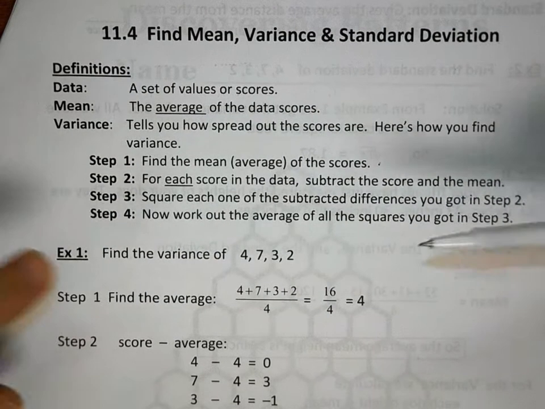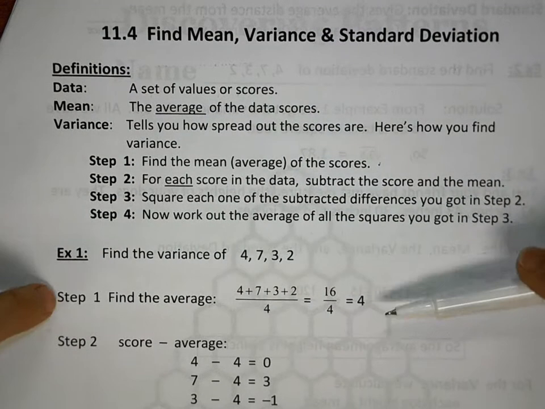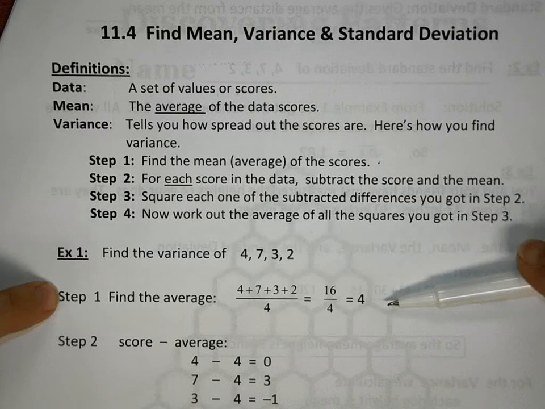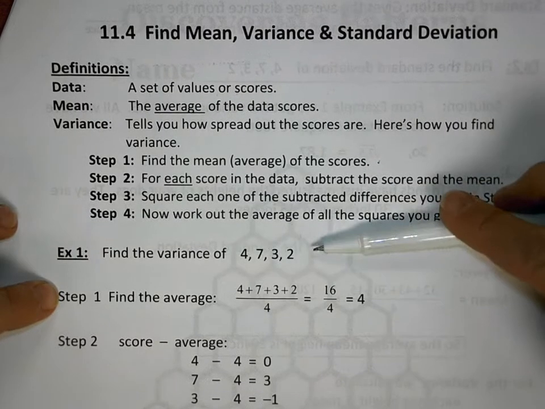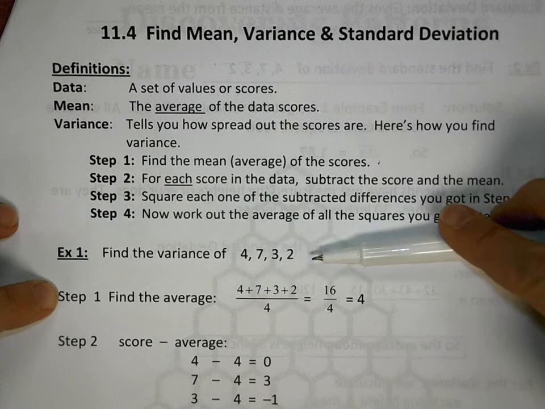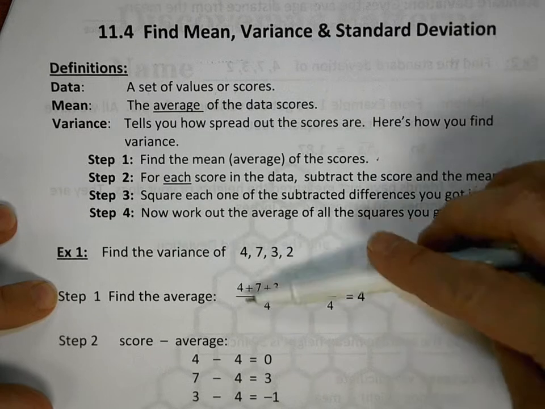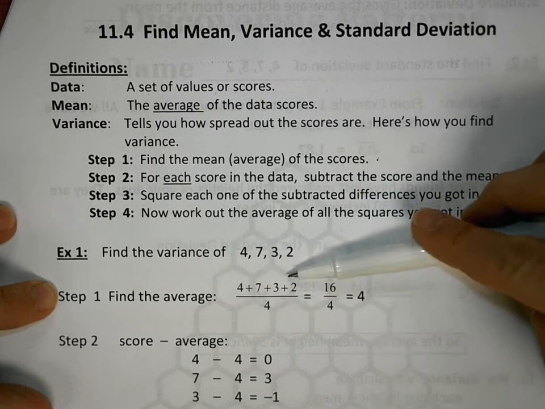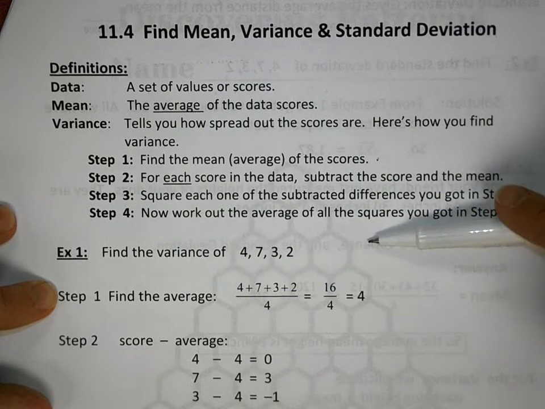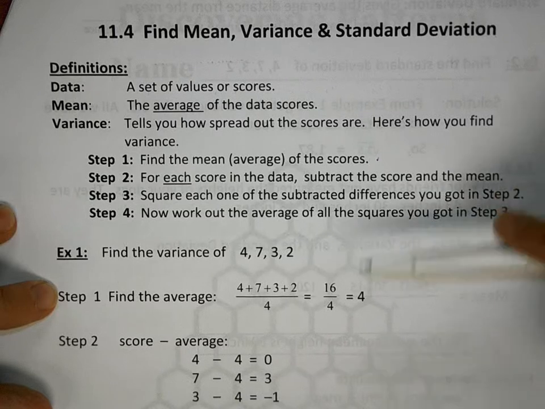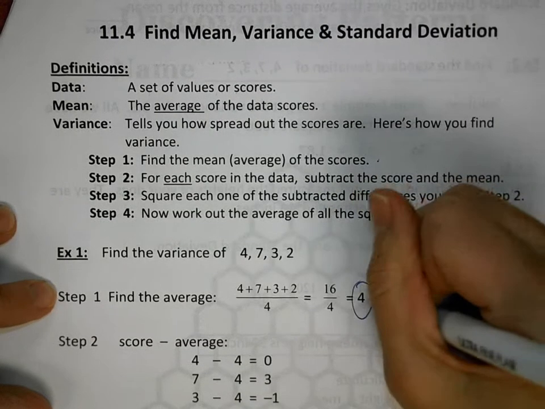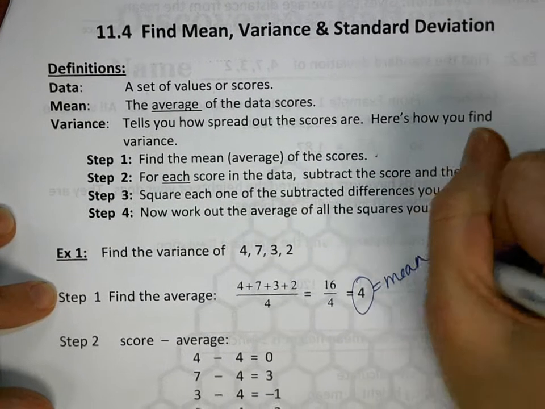So if you look here, this is how we find the variance. This is your data right here: 4, 7, 3, and 2. You with me? To find the average, or the mean, you add them all up and divide by 4 because there's 4 numbers. And we got that the mean is 4.